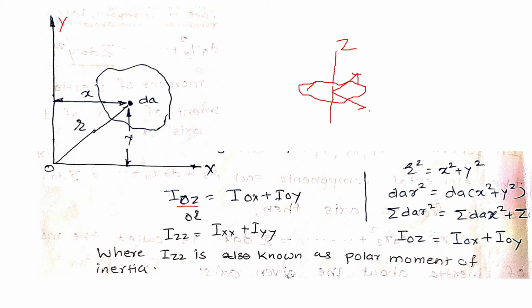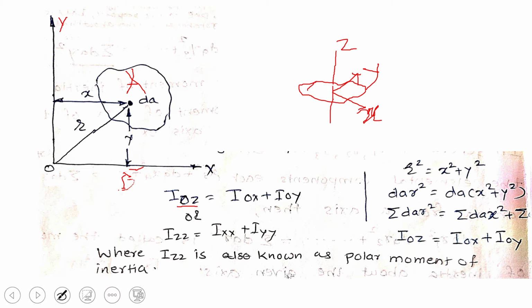Suppose this is the x-axis and this is the y-axis. So this planar area is over this x and y-axis, and this is the third mutually perpendicular axis passing through that. The proof of this formula is very simple, dear student. You can see that if we consider this plane, and locate any point A in this lamina, which has coordinates x and y, and suppose point B is on the same.